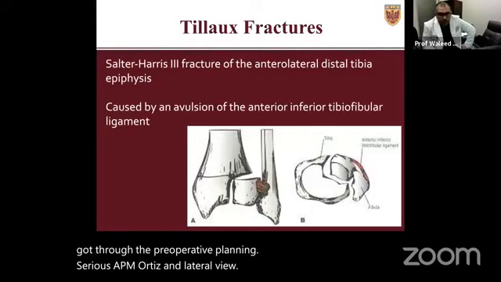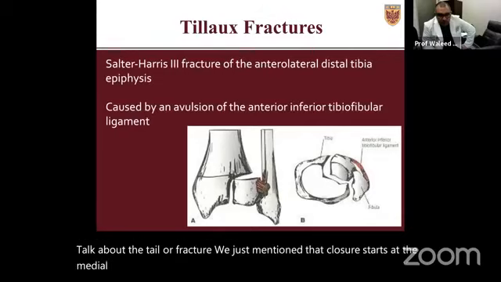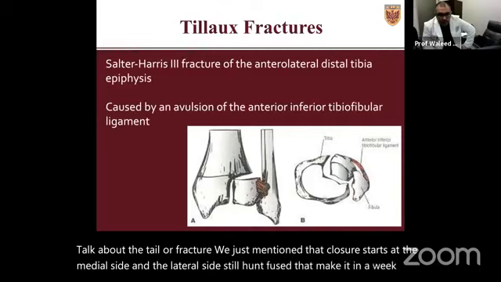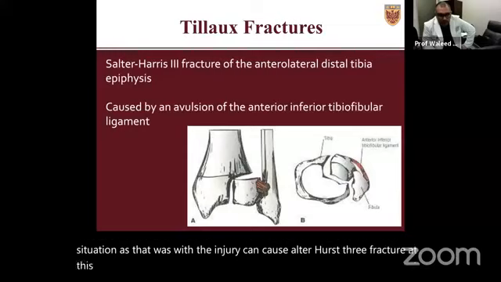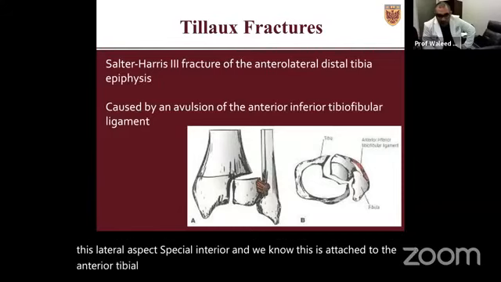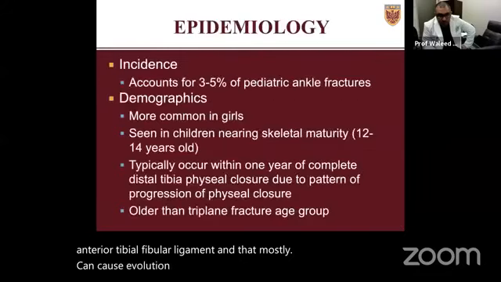Let's talk about the Tillaux fracture. We just mentioned that closure starts at the medial side and the lateral side is still unfused, which makes it a weak situation, and with injury can cause a Salter-Harris 3 fracture at this lateral aspect, especially anterior. And we know this is attached to the anterior inferior tibiofibular ligament, which mostly can cause avulsion of this piece of bone.